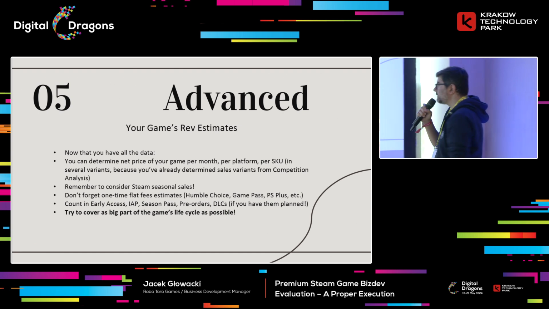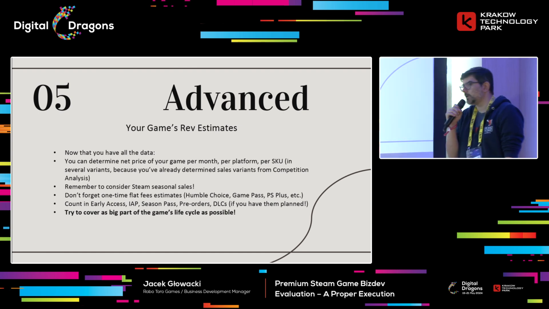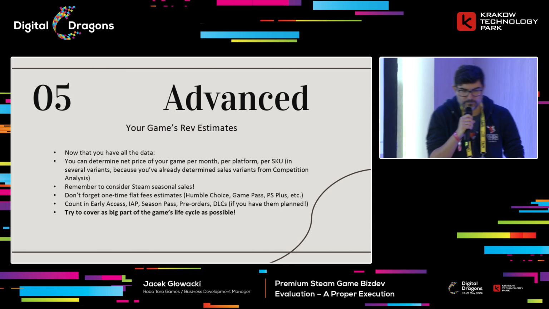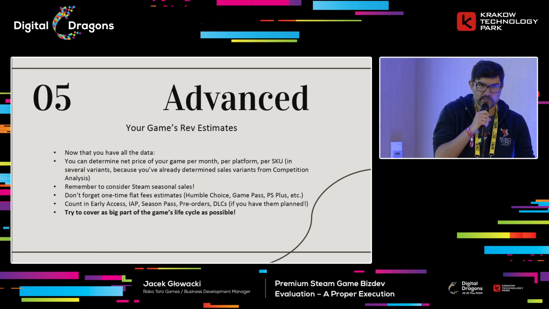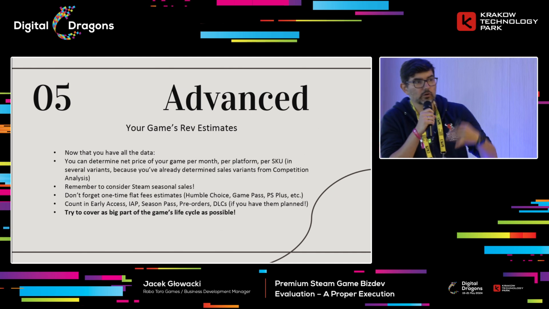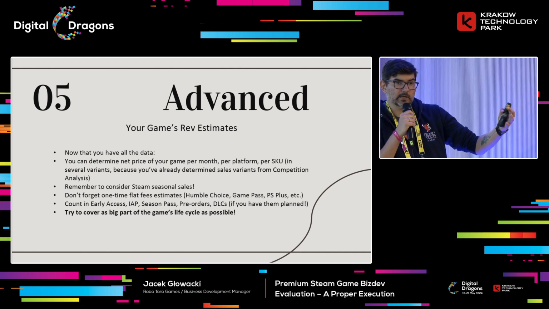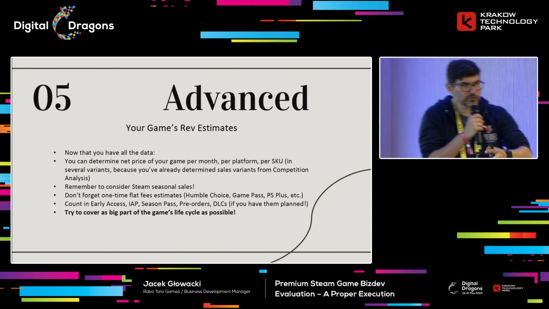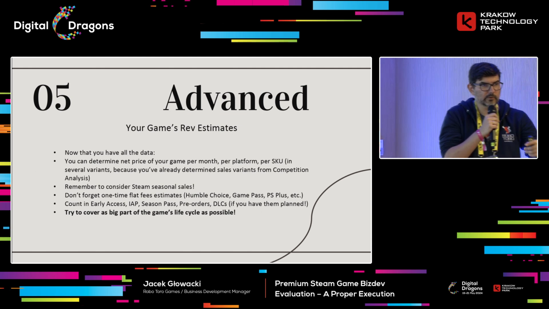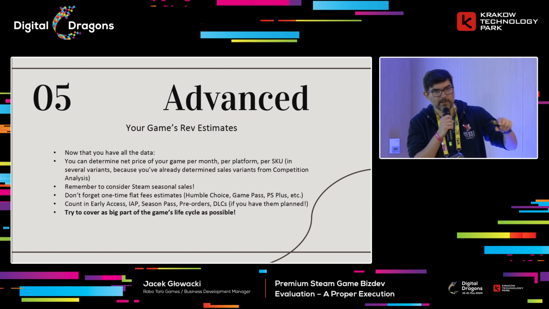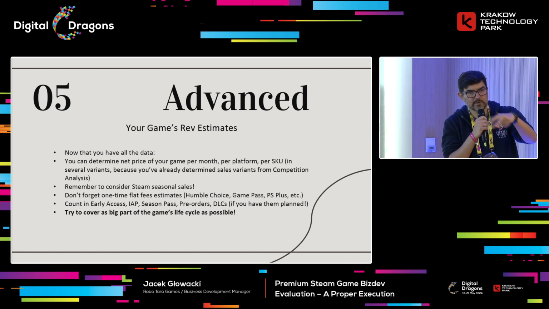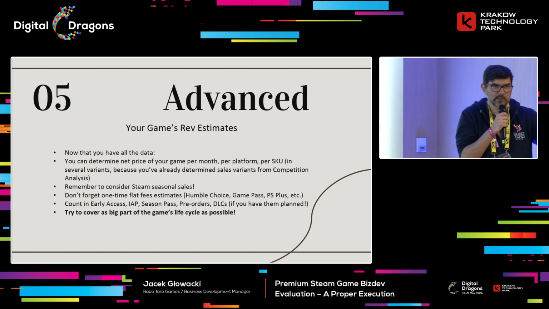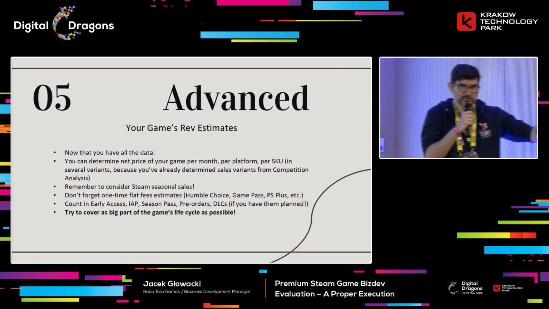And we try to cover as big a part of the game's life cycle as possible. You surely know that the game's life cycle on Steam and other platforms is, in general, longer and longer. It's because there is this market transition, very important right now. Gen Z and Gen Z plus players, so younger players, are coming on the stage. They dictate the trends. They come from the mobile space very often.